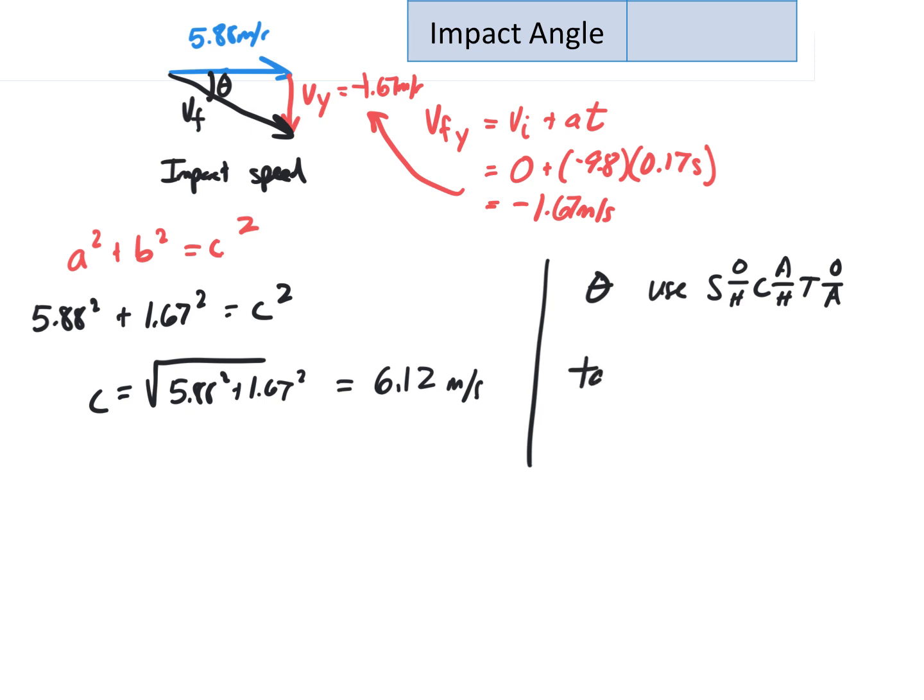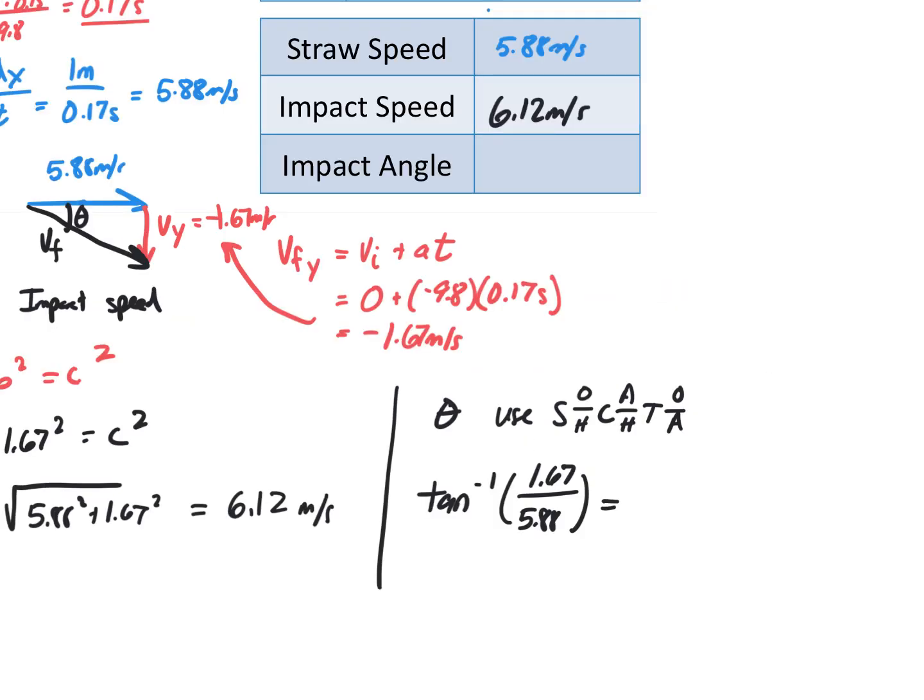So I'm going to use tangent. So the tangent inverse will solve for the angle, and tangent is always opposite over adjacent. Now, the opposite side in this case is our Vy, and the adjacent side is our Vx. So I'm going to plug those things in, and I get about 15.86 degrees for my impact angle.